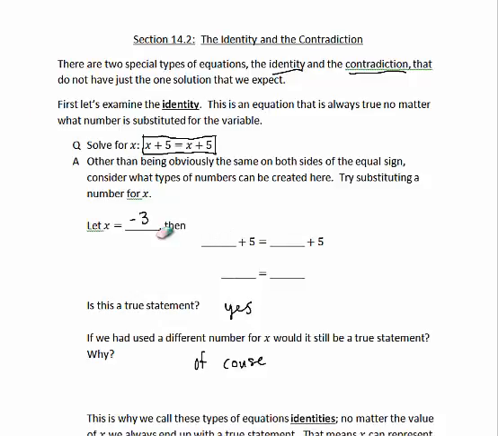So let's say I picked 4. This works for any number. On each side I add 5 to 4, so on each side I get 9. The two sides are equal. This is referred to as an identity equation.